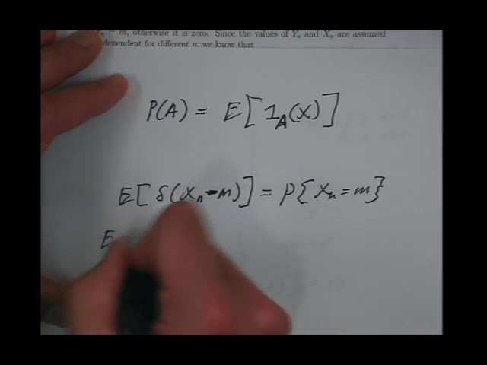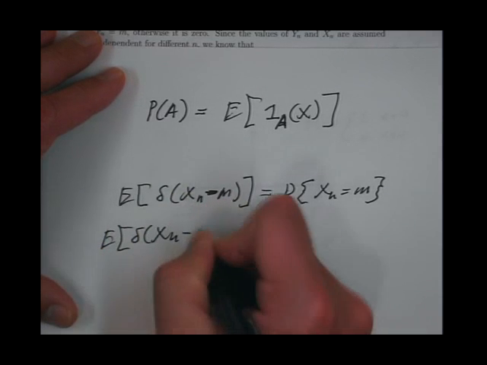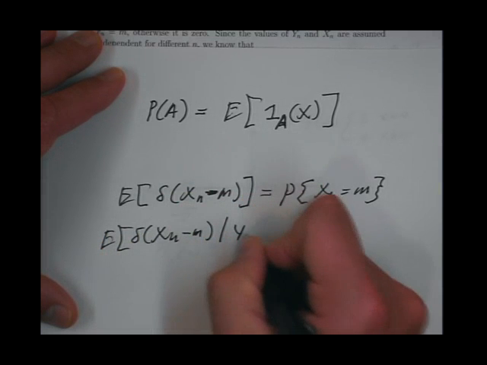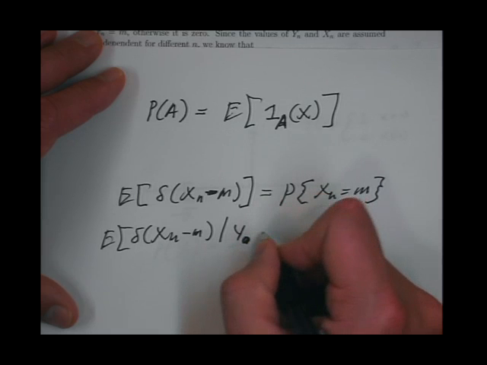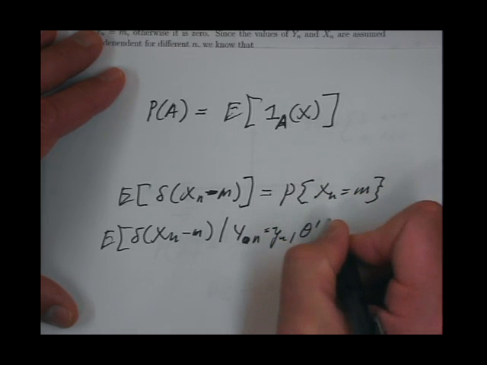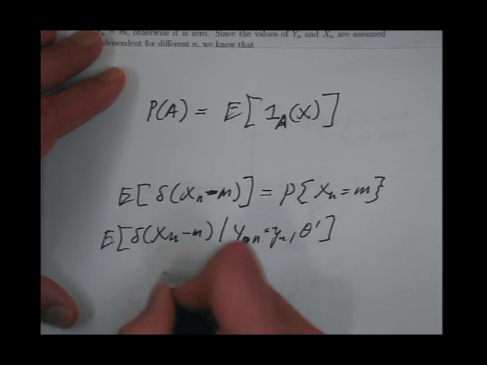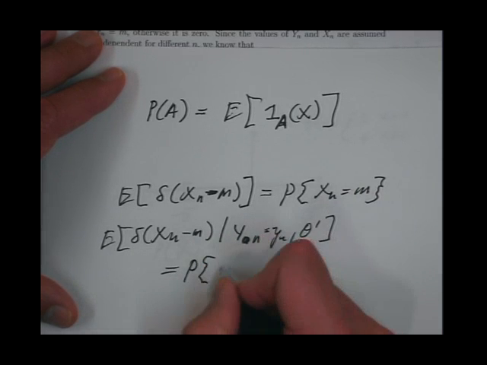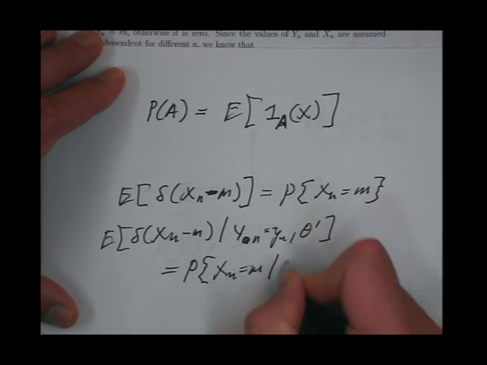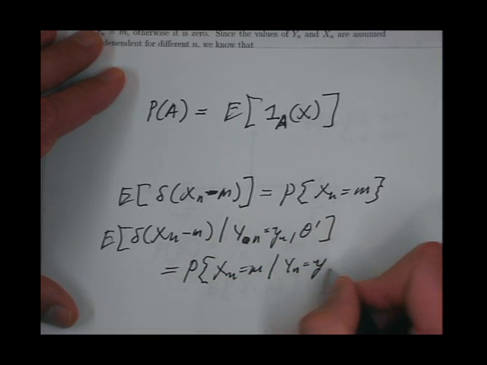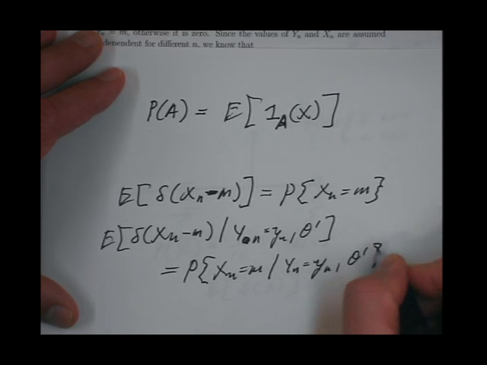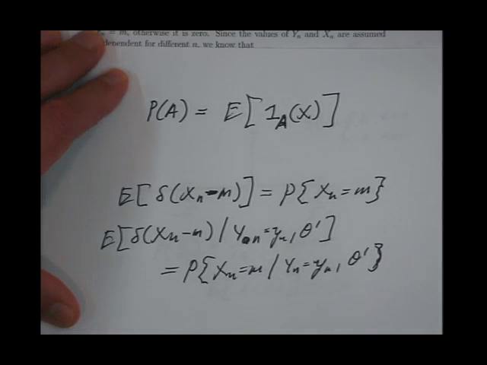And the conditional expectation of delta of xn minus n, given yn equals little y and theta prime, what's that going to be? That's going to be just the conditional probability of xn equals n, given yn equals little y and theta prime. Okay? So that's what this is.